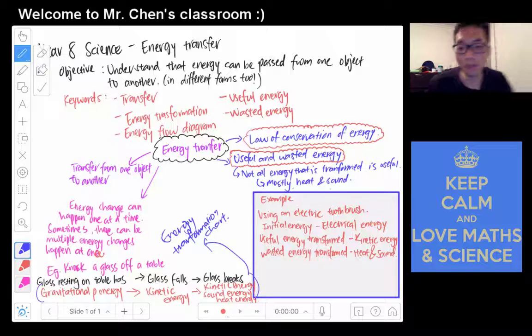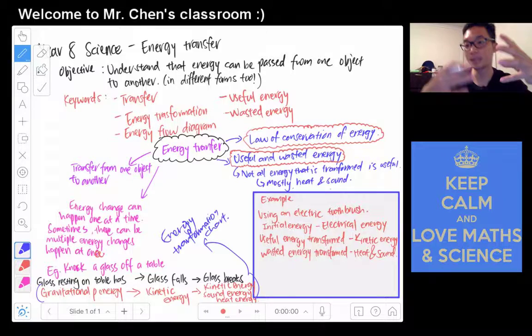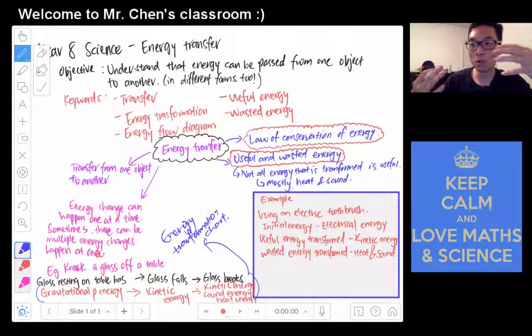As you know, according to the law of conservation of energy, energy cannot be created or destroyed. It will only change from one form to another, right? That means if you put 100% energy in, you will have 100% energy out. There will always be some waste energy.